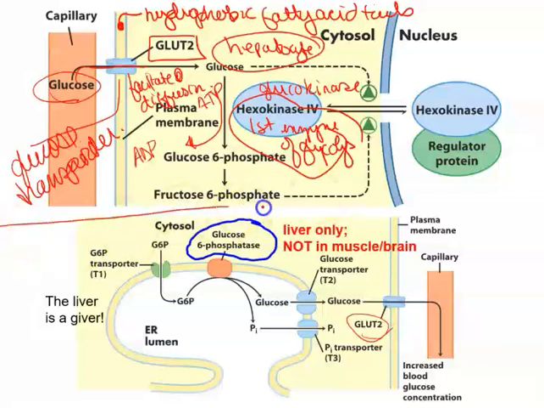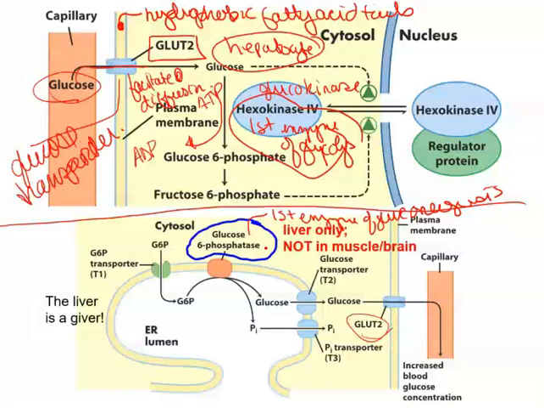If you look at the bottom panel, we have an enzyme here, which is the first enzyme of gluconeogenesis. And I know that this is a little bit out of order, but premonition here.